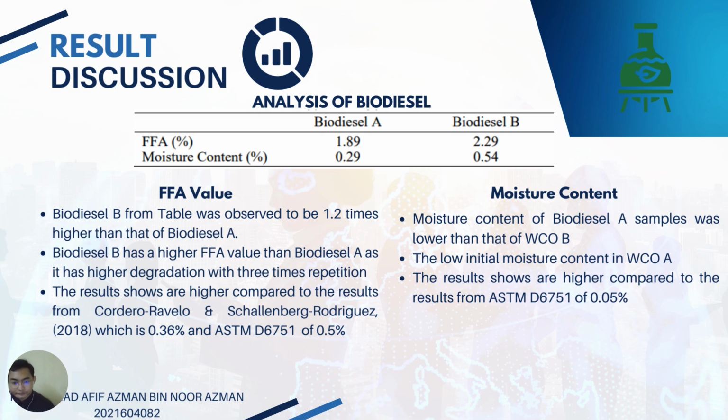My moisture content result was higher compared to the American standard for biodiesel, which is 0.05%. Thus, both WCO have to go through a pre-treatment process, which is esterification, to lower their FFA value and moisture content before the transesterification process.